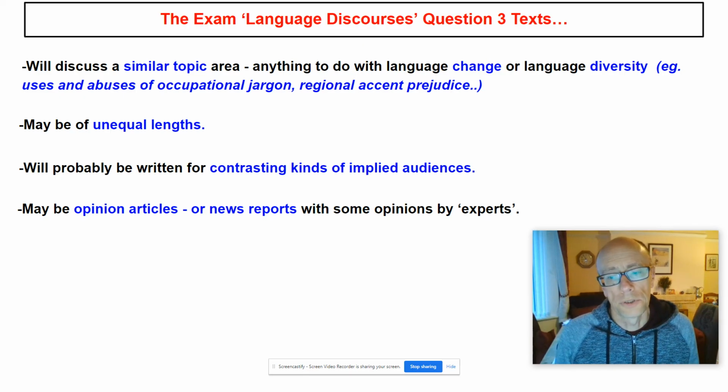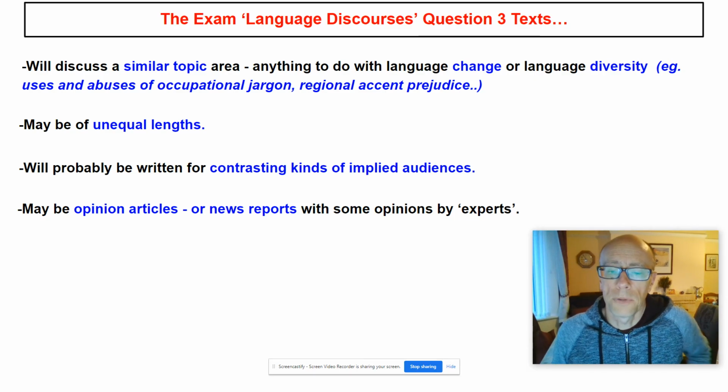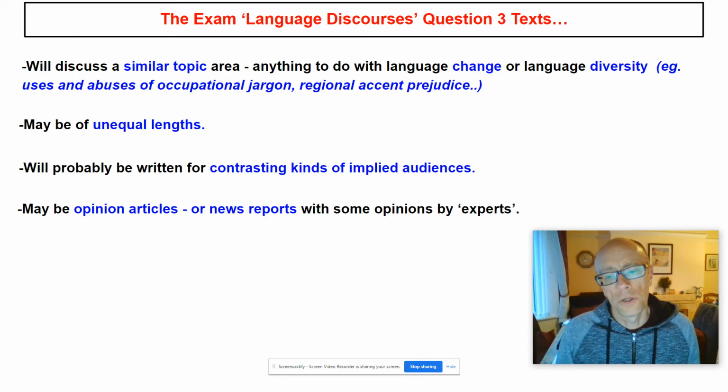The news reports ones are tricky because it may seem like, well, this is just neutral information that's being given to me. But of course, in newspapers and journalism, there's really no such thing as neutral information. There are always purposes behind the information that you're being fed. So always look to see what publication this is and what you think the purposes are behind the pieces.